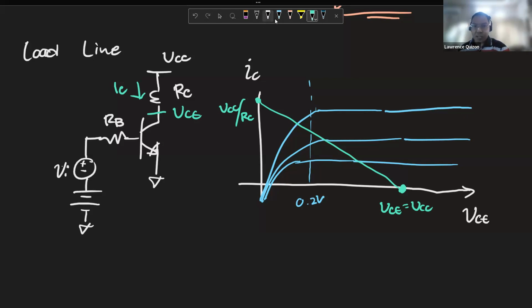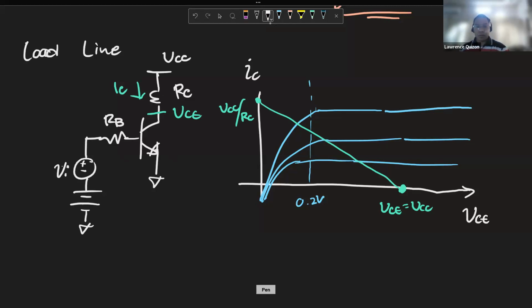So in this case, nakikita nyo visually yung possible quiescent points nung circuit. Kasi ang ma-allow lang na quiescent points really is the quiescent points that are allowed by the load line and by the BJT output characteristics.